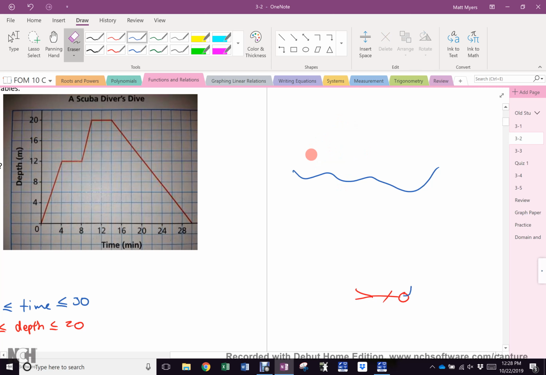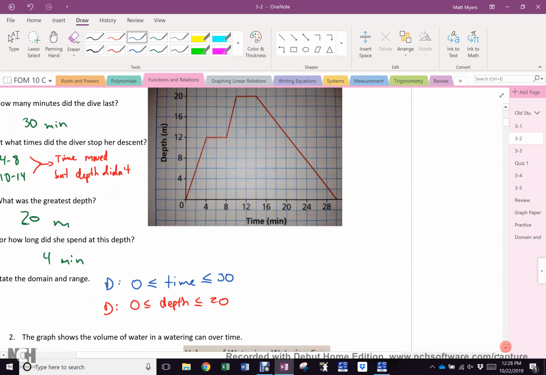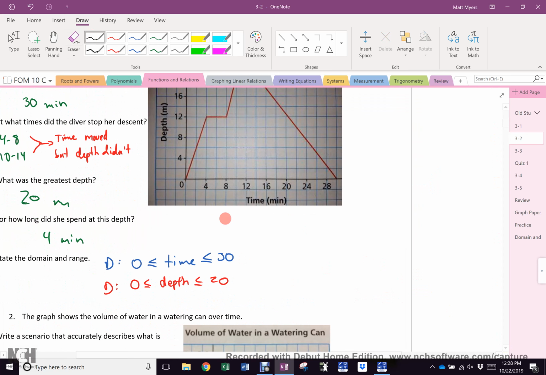Excellent. Okay. So that's the first lesson here. And this is all going in this space over here. One, graphs show data, not a picture of real life. Right?